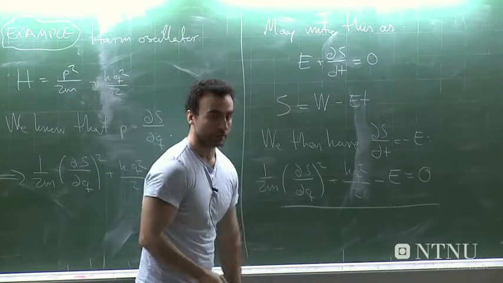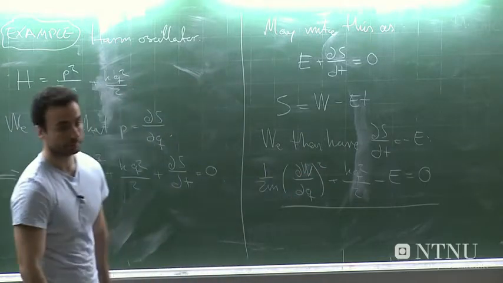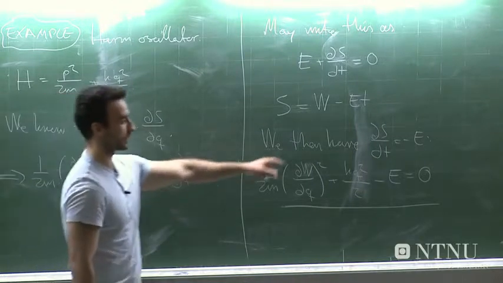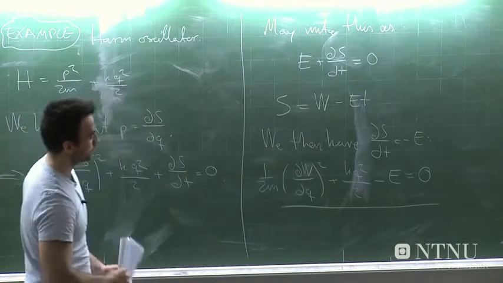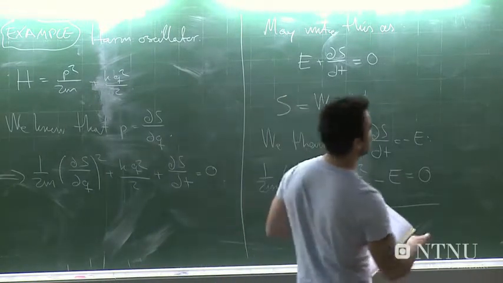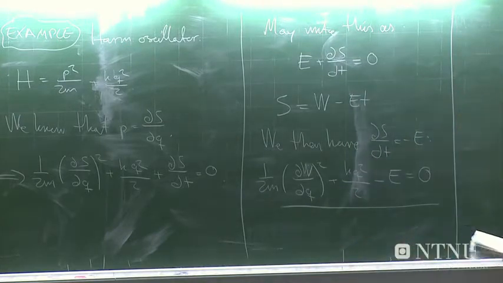And in fact, what I can do here is to erase the S and replace it with a W, because only the W has a Q dependence in S. Okay, looks a little bit better.